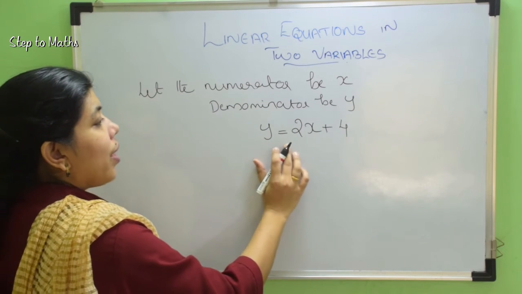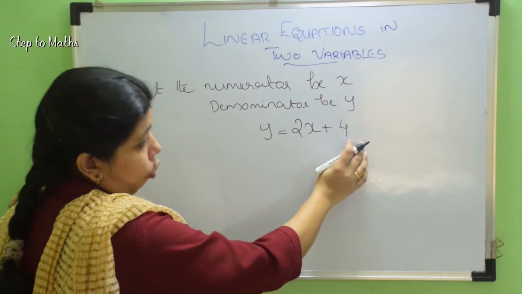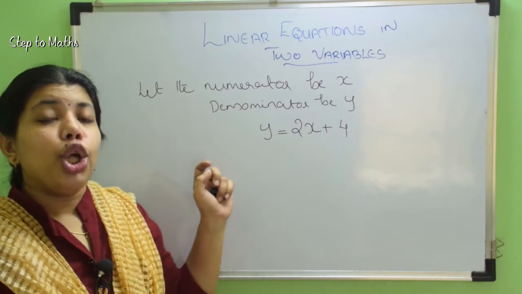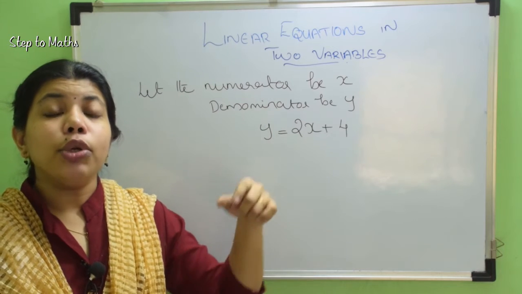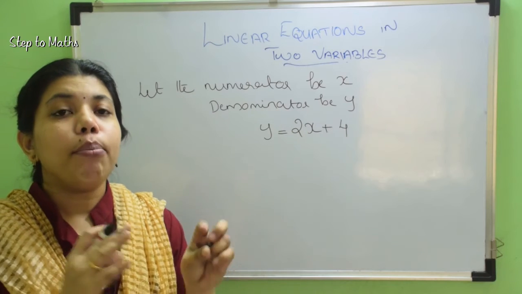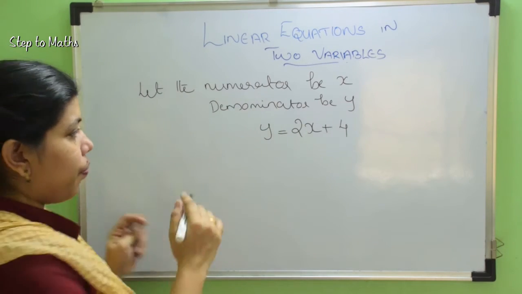So we can represent that relation as y equals 2x plus 4. The second given condition is the denominator becomes 12 times the numerator if both numerator and denominator are reduced by 6.